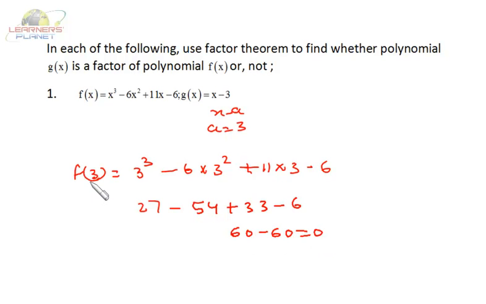That means f3 is 0. That means x minus 3 is a factor of x cube minus 6x square plus 11x minus 6. It was a simple application of factor theorem. Let's do the next problem.